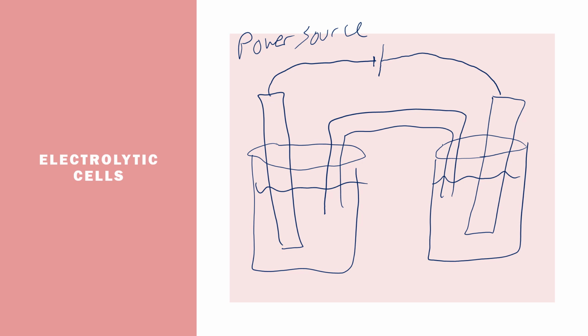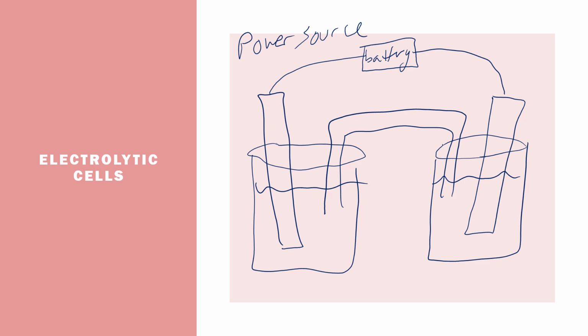I'm going to draw it with a battery just to make it really, really clear that that is a source of power. That is what's driving this reaction. Now the battery itself is what's pushing the electrons through and creating an electrical current.